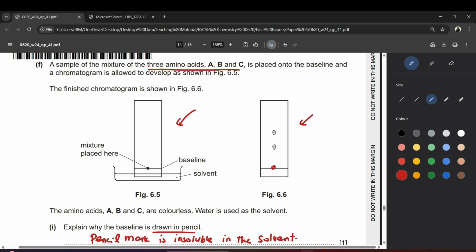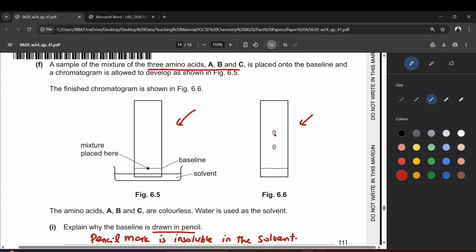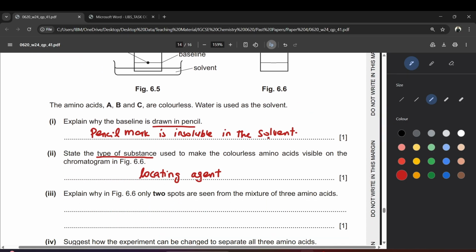But you are not seeing that. So that actually means that 2 of the spots might be overlapping on one another. So 2 amino acids might have the same RF value. Okay, so that is what we can write over here.